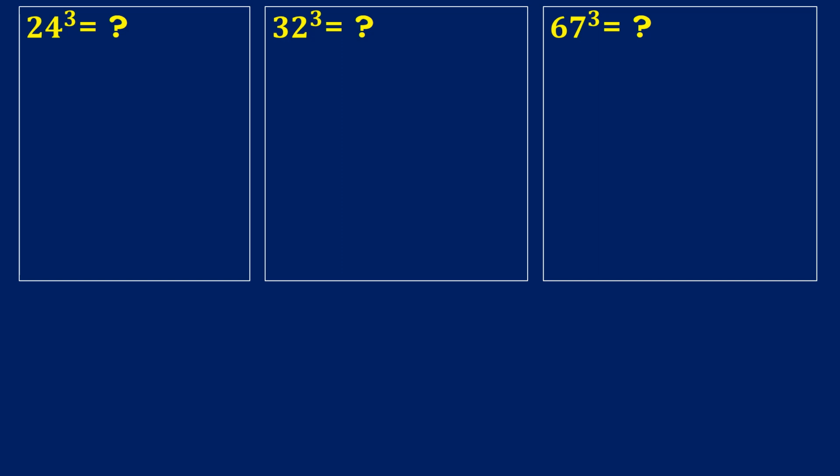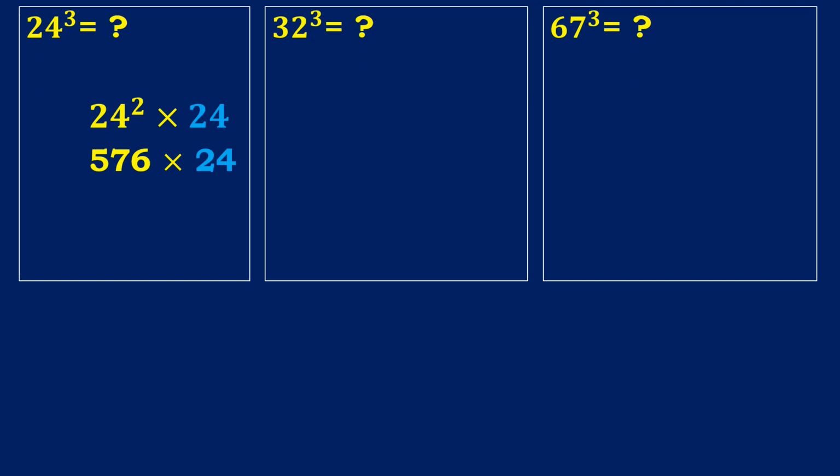Let's look at an example to understand the cube concept. What is the 24 cube? 24 cube can be written as 24 square into 24. We already know that 24 square is 576. 24 cube can be taken as 576 into 24.